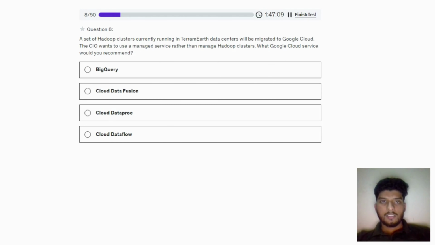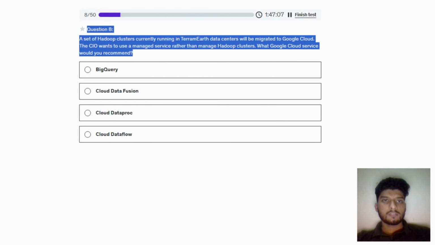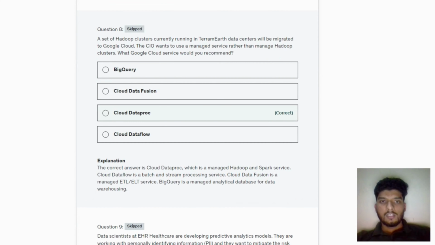The question 8, the right answer of question 8 is Cloud Dataproc. Here is the explanation.